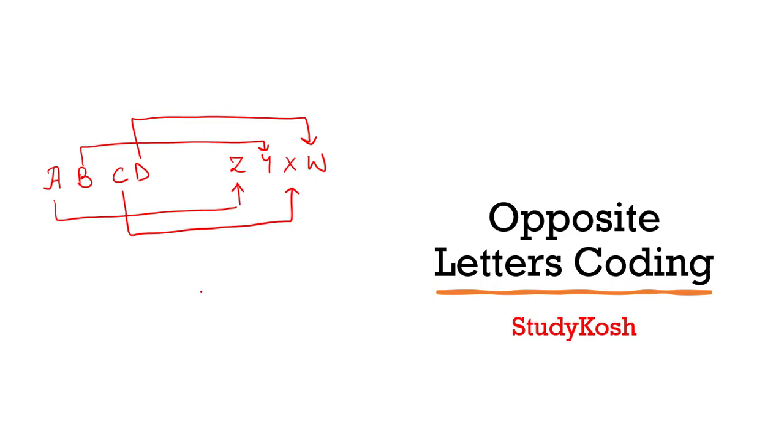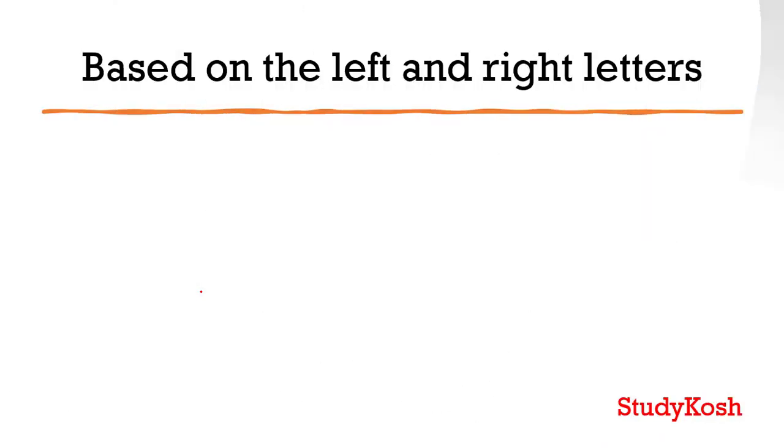This is another type. Next we have coding based on the left and right letters. So this type of coding is based on the letters which are placed on the left side or the right side of a series. For example, we have A, B, C, D. It is written as CE, BD, AC or ZB.